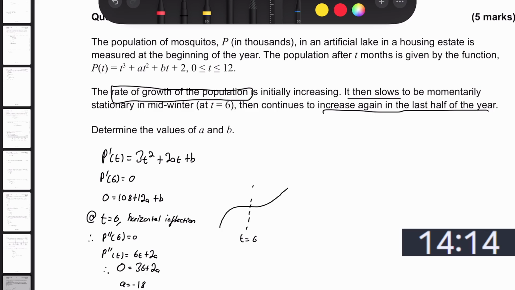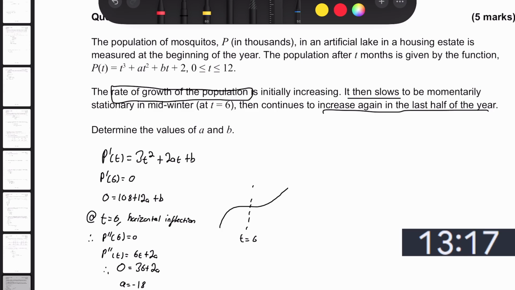the rate of growth of the population is initially increasing. Graph of p of t.